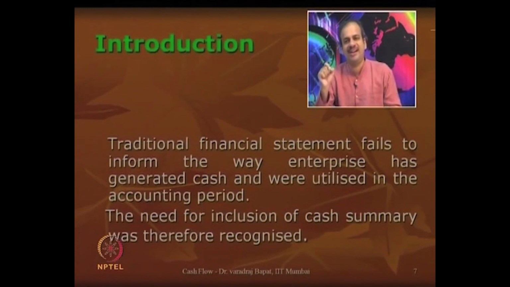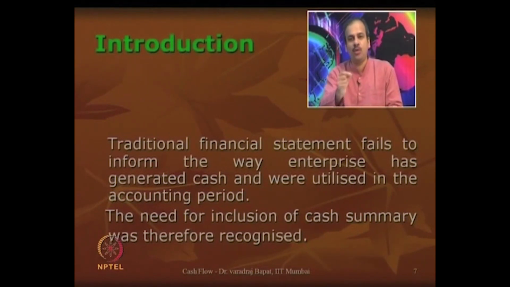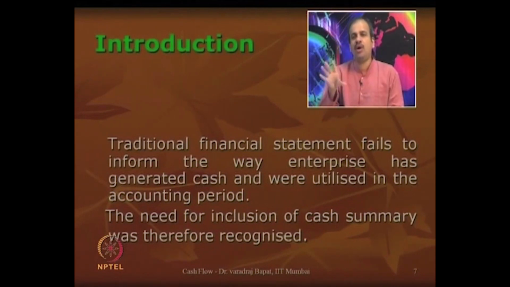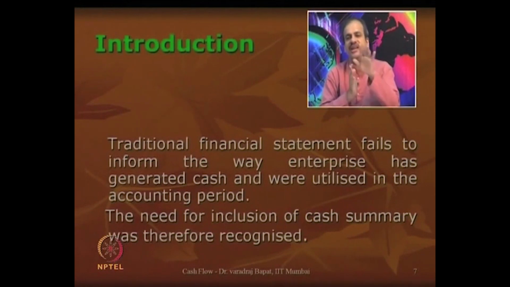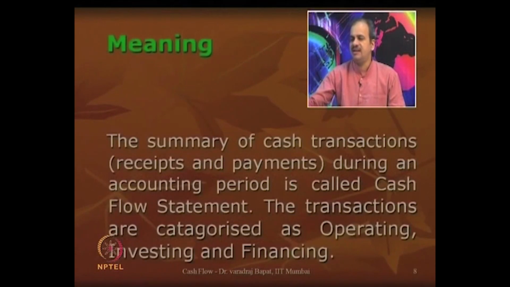Both will be shown in P&L. Same thing is true about income. Income might have been received or it may be due or accrued. It will be shown in P&L. So, if you really want to know how much cash is coming in and going out, we need a separate statement. That led to emergence of a separate statement which gives you summary of cash, that is known as cash flow.